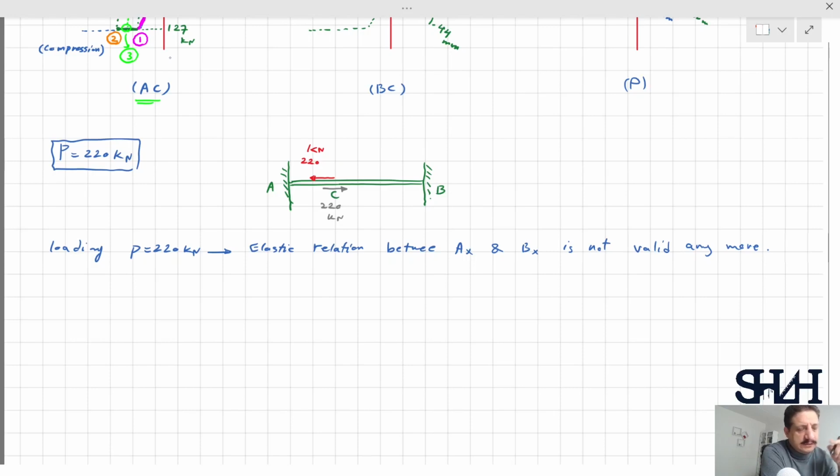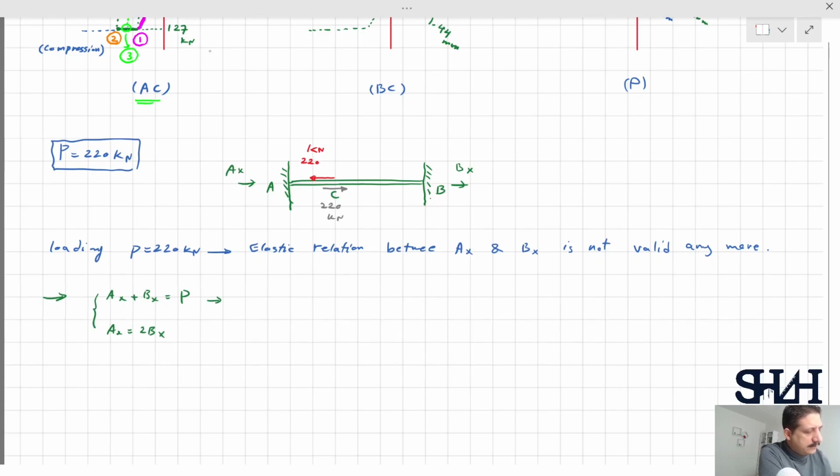Let's start to assume that still we don't know if this 220 kilonewton is greater than the elastic load of one of the members. So let's solve from the beginning with the simple assumption AX plus BX is P, and now AX should be 2 times BX.